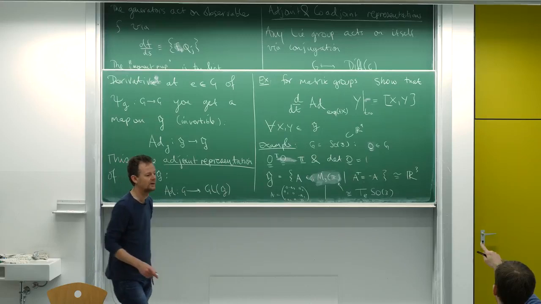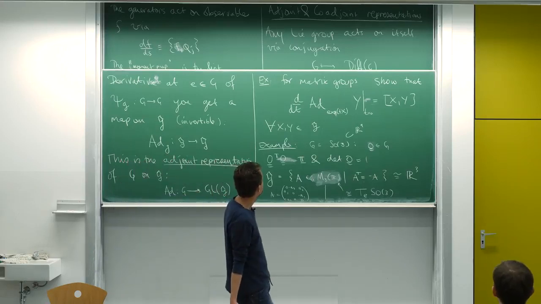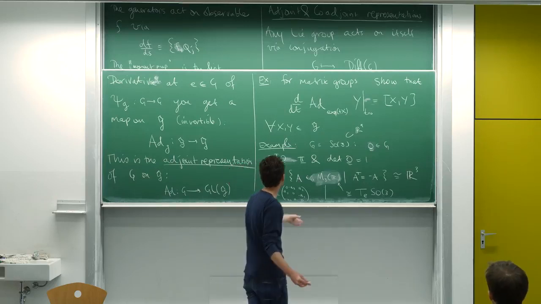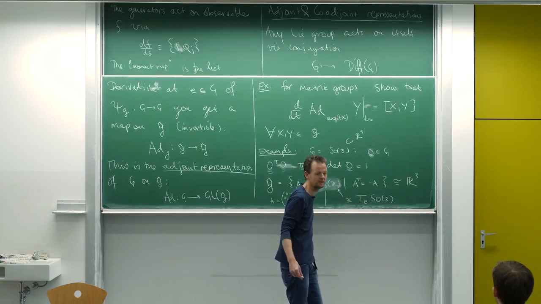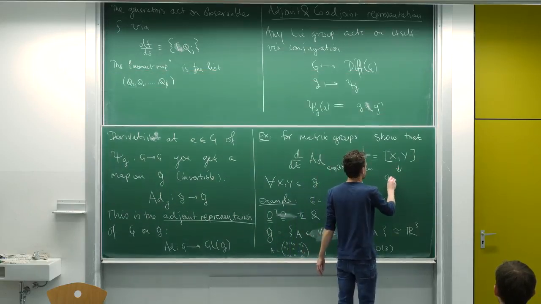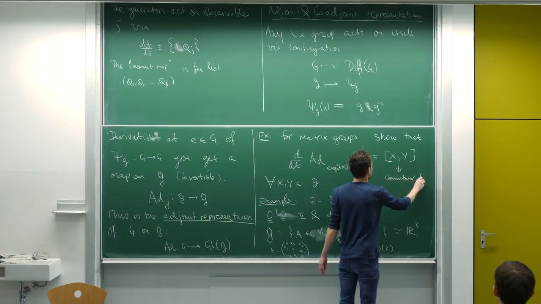Question: this bracket up there is to be understood as the Lie bracket of vector fields, or? Oh, okay, right. So the question is, how are we to understand this bracket up here? This is actually the commutator of matrices.